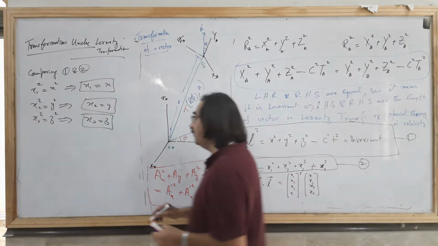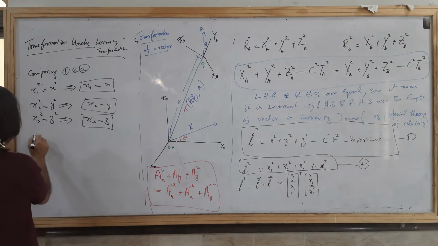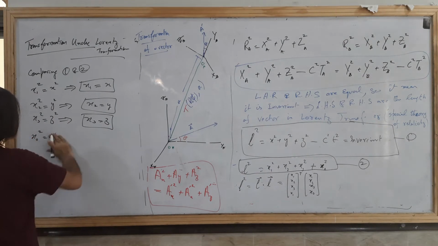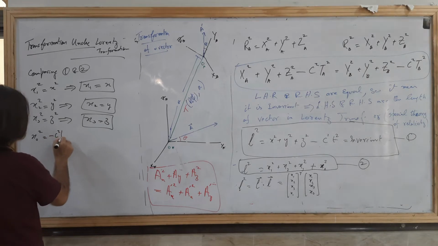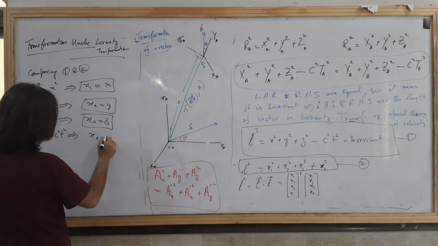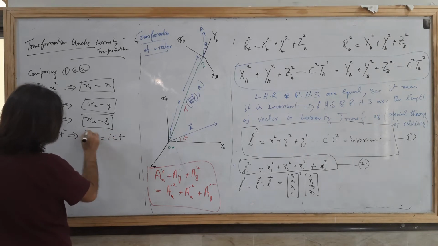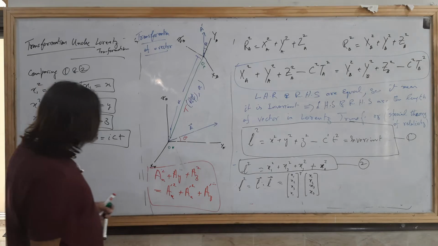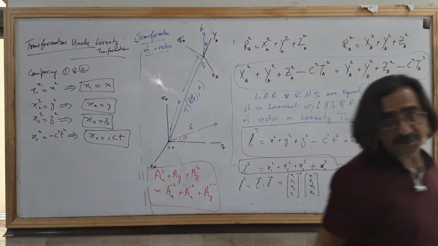But x naught square will be equal to minus c square t square. This implies that x naught, when we take the square root, is iota ct. So the zeroth component will be iota ct.